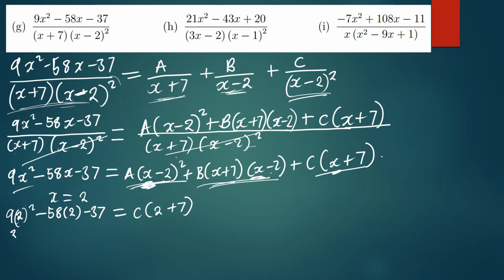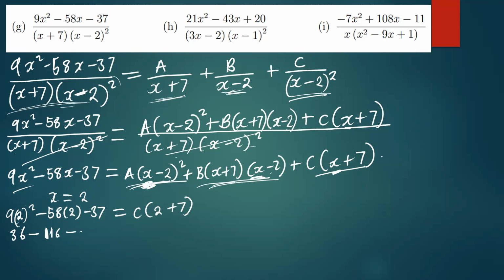Here we're going to have 2 squared, that will be 4. 4 times 9 will get 36. Then we have minus 58 times 2, that will be 116.